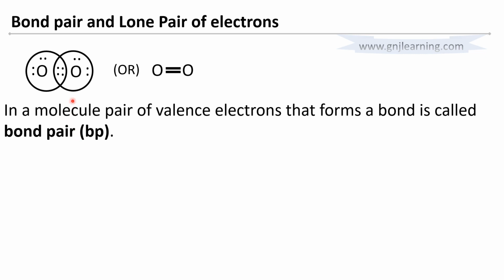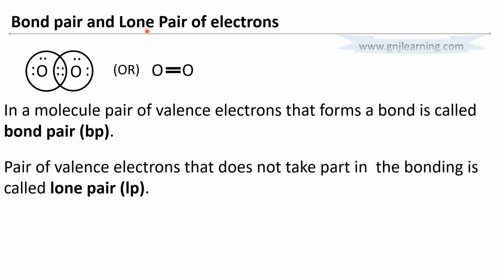You can see from this molecule that there are still some pairs that are not taking part in the bonding. For one oxygen atom, there are 2 pairs of electrons not taking part in the bonding. That pair is called a lone pair.